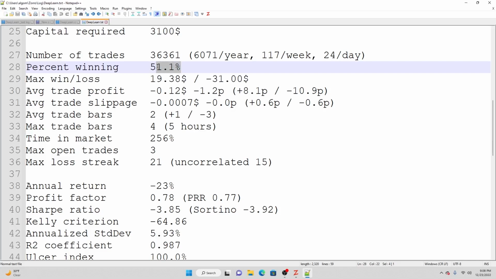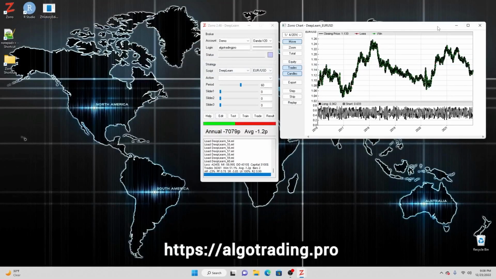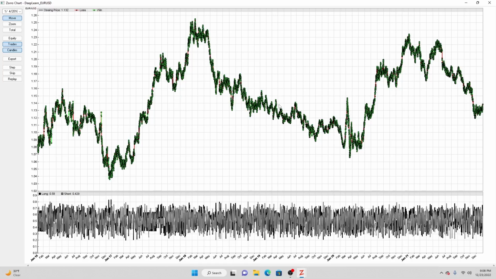But the predictions of the network are the same. So clearly the network has learned something about the market, but with the realities, the market friction and all these other costs, although the network is clever and has learned something about predicting the direction of the market, this strategy in this form, or at least with these costs, is not profitable.